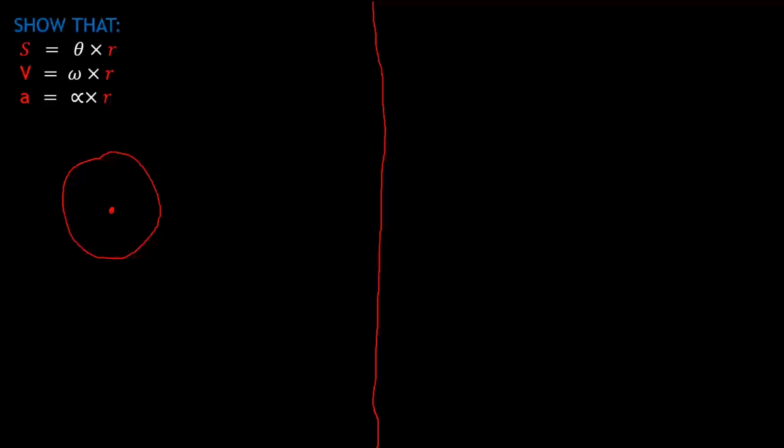If an object moves from this point, let's say point A, to this point, point B, remember this is the radius R, and this is the radius R. The angular displacement will be theta. And the distance swept through, let's call it S. That is the linear displacement, or the arc AB.